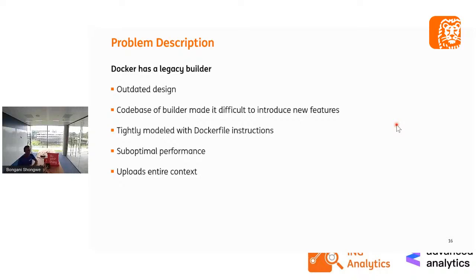So every time there's a new Docker release, there weren't that many innovative features. The Docker builder was tightly modeled with the Docker instructions and had a linear build design. It had suboptimal performance, and it uploads the entire context. And by that, I mean that even if you made a single change, maybe even to the final build step, this Docker builder would upload the entire context, even though you changed one line.